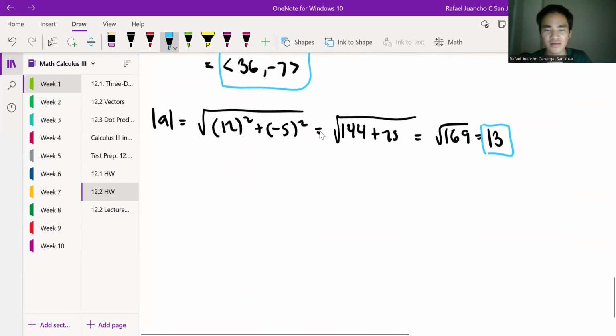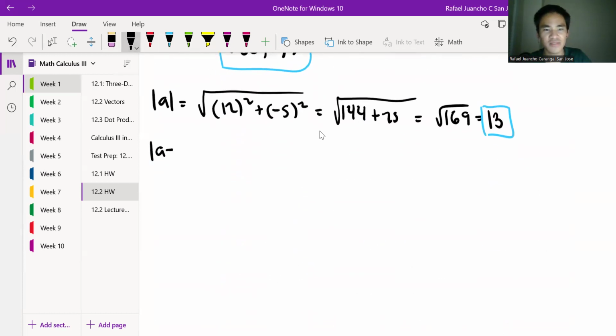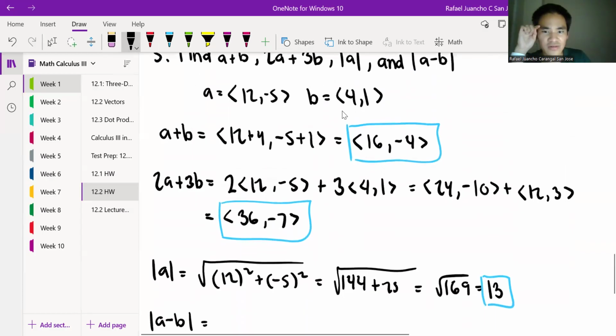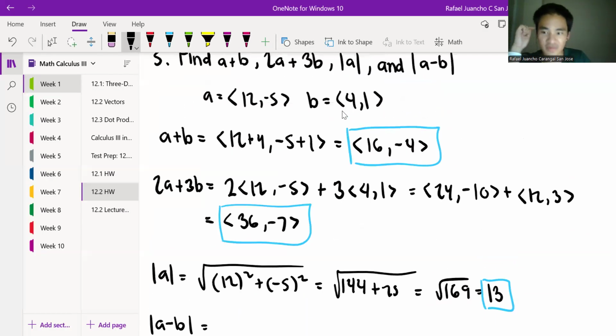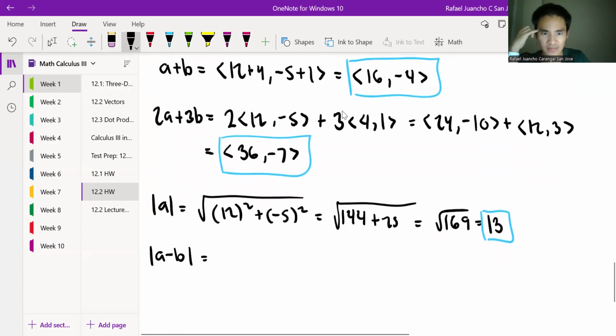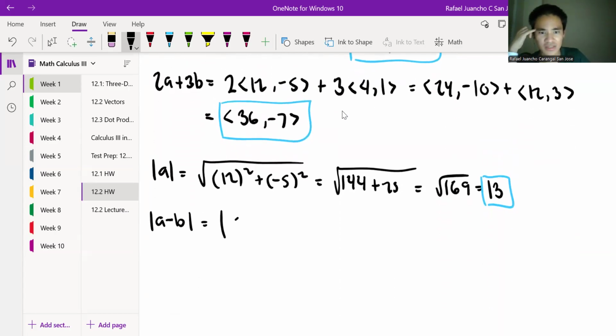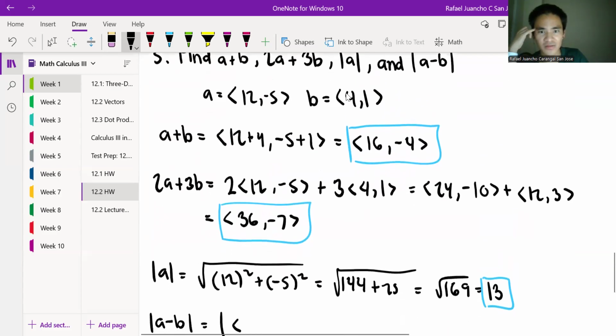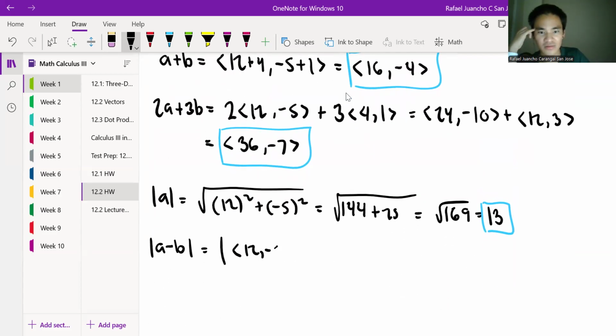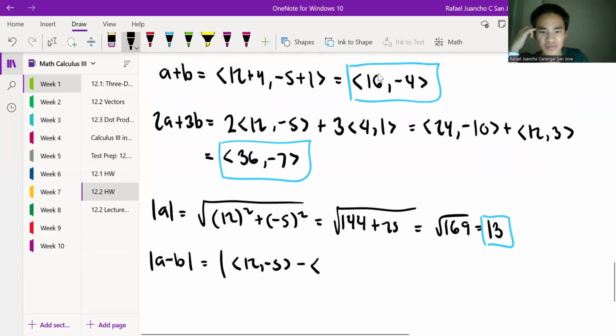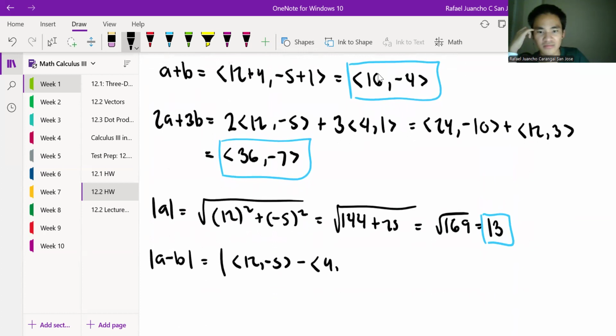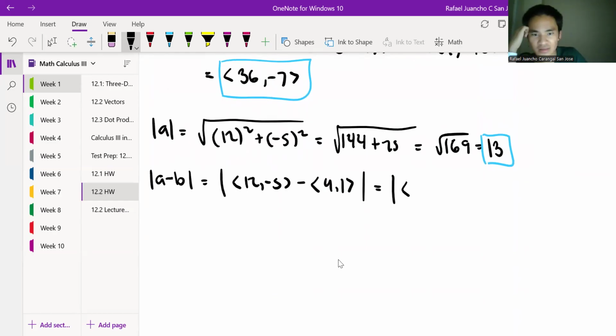And lastly, the length of, I keep saying length, or the magnitude of vector A minus B. And we already found, no, I'm kidding. We have to find A minus B first, right? So it's the length of vector A, and I subtract it to B. And then I get 12 minus 4, 8, -5 minus 1, -6.